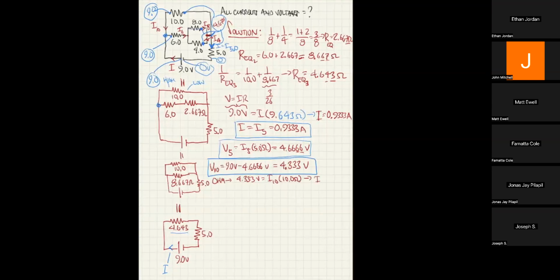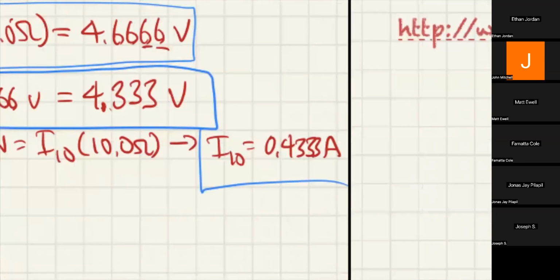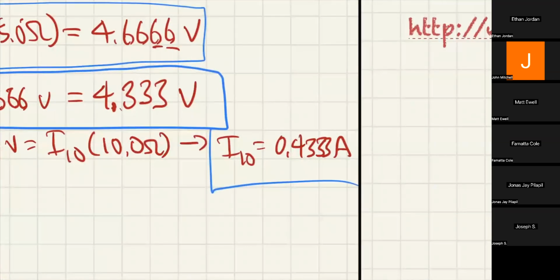And that gives us I10 is equal to obviously 0.4333 amps. I don't like how small I wrote that. Does everybody understand how I did what I did right there?